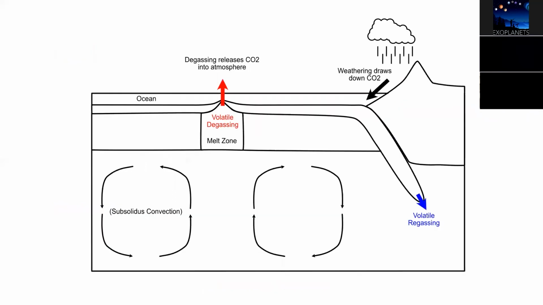Something else that we can do is take these internal temperatures and couple them to different types of models that allow us to track how much degassing is going on at mid-ocean ridges and how much regassing is going on at subduction zones. So to put it simply, we can track the amount of CO2 and water that's released into the atmosphere and taken back down.